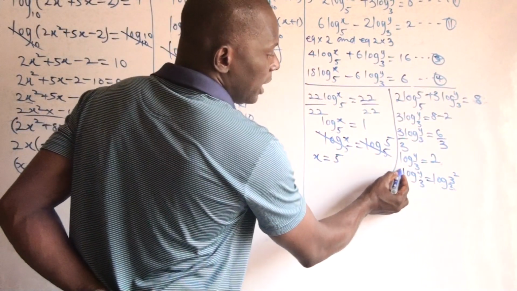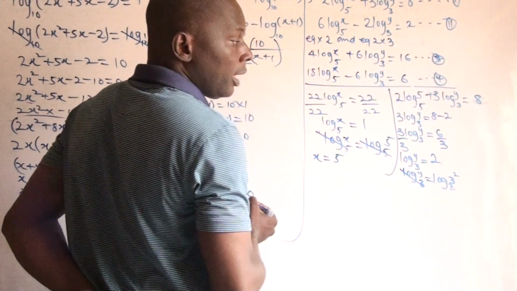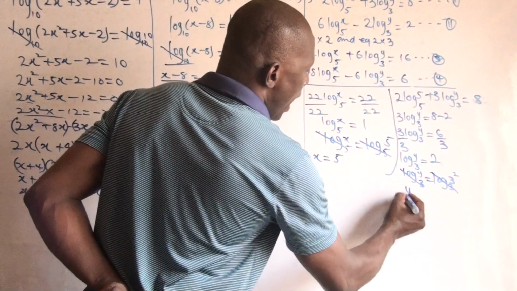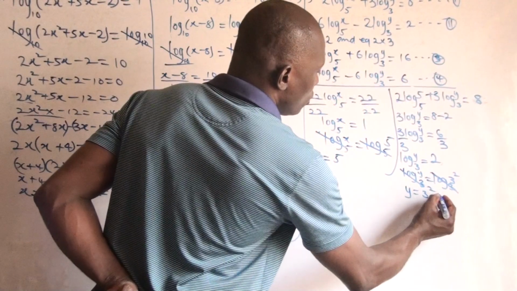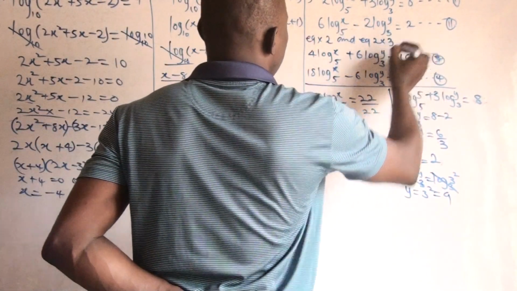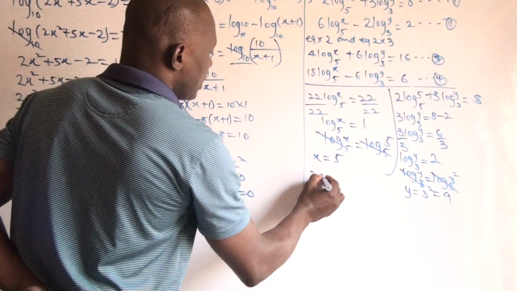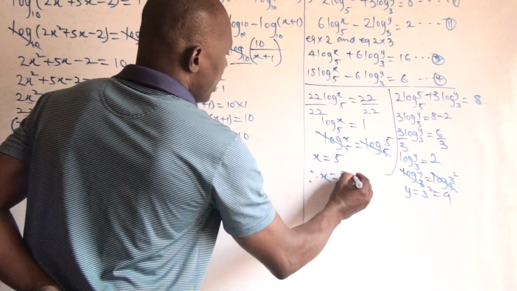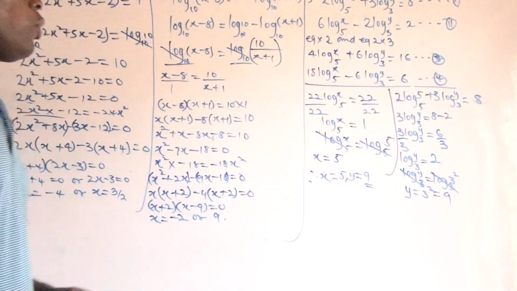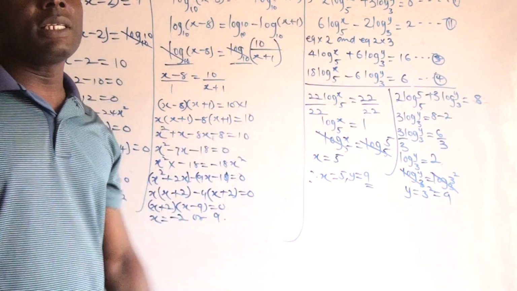Because the base is 3, log 3 divided by log 3, so that y becomes 3 raised to power 2, which is equal to 9. So in this question, we can see that the value of x is 5, and that of y is equal to 9. Cool. This is how we can handle this.